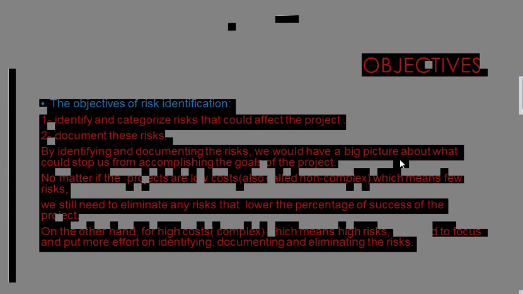Here are the objectives of risk identification. First, we need to identify and categorize risks that could affect the project, and then we document them.